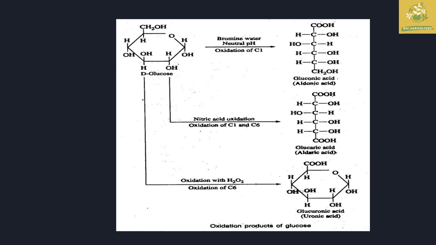So this picture tells about the oxidation products of glucose: when glucose is oxidized with bromine water it gives gluconic acid, nitric acid oxidation gives glucaric acid, and oxidation with H2O2 gives glucuronic acid, which is a uronic acid.